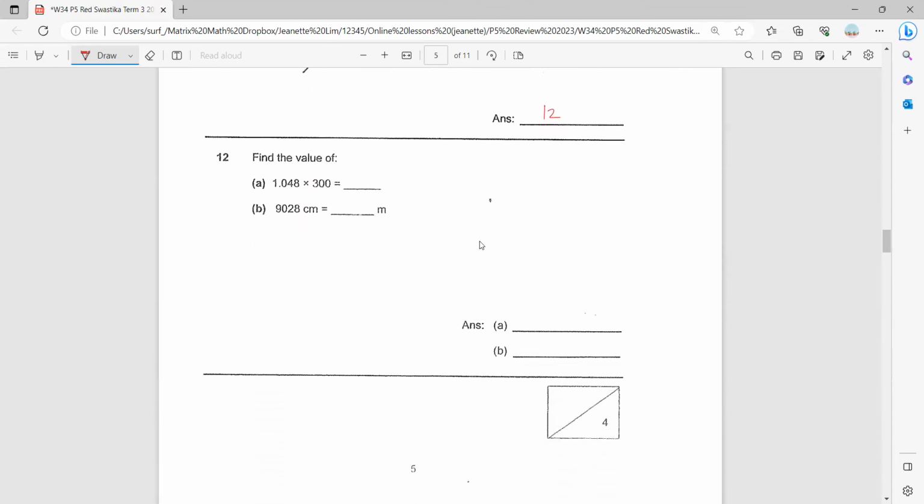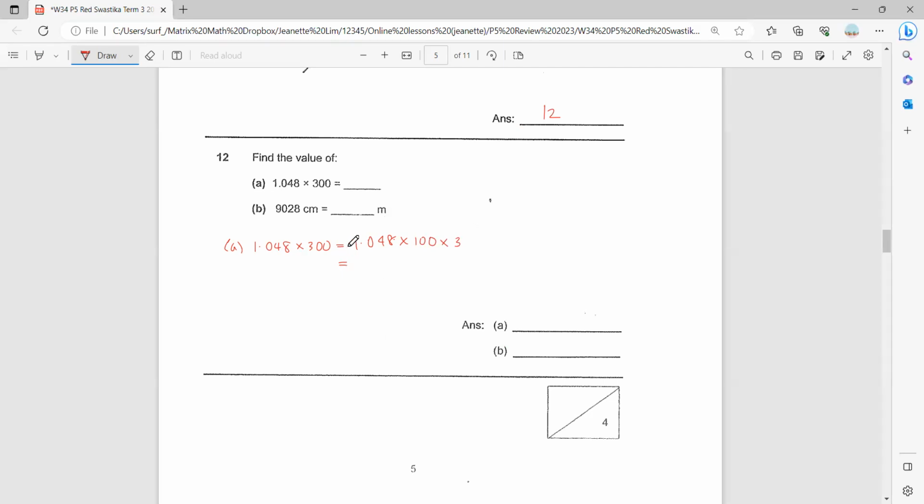Question 12, find the value of: for A, 1.048 times 300. It's the same as 1.048 times 3, then times 100, or times 100 then times 3. Let's times 100 first.